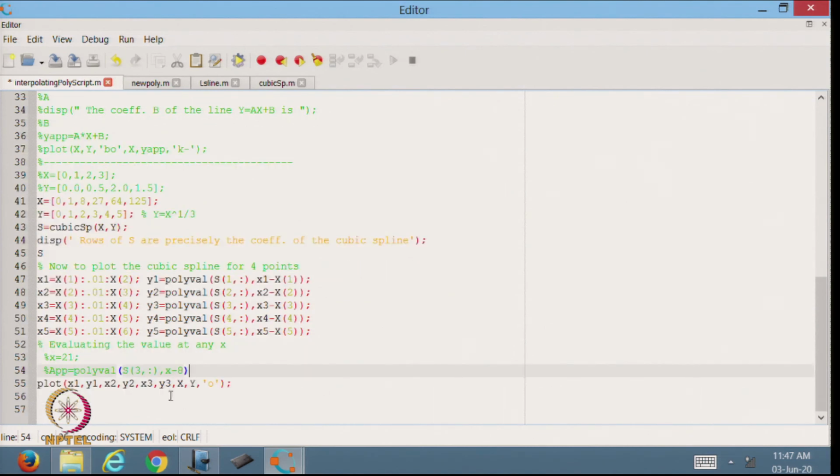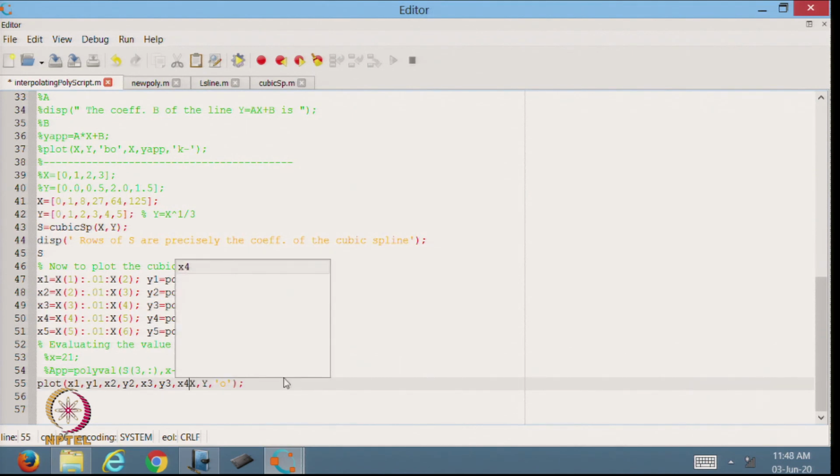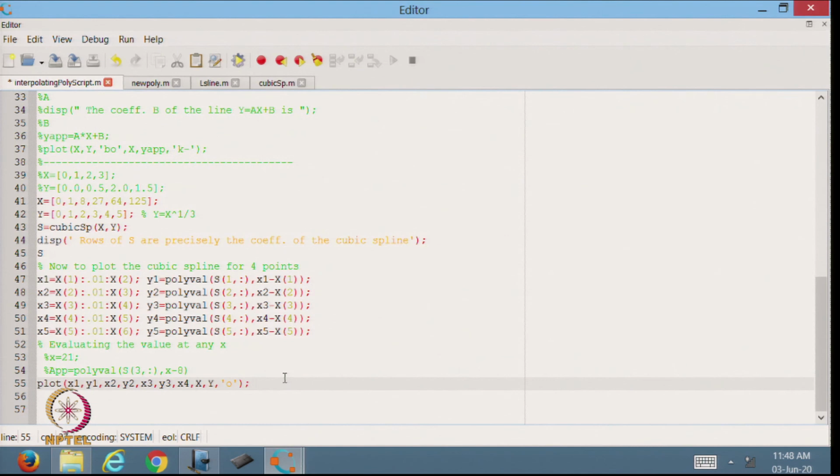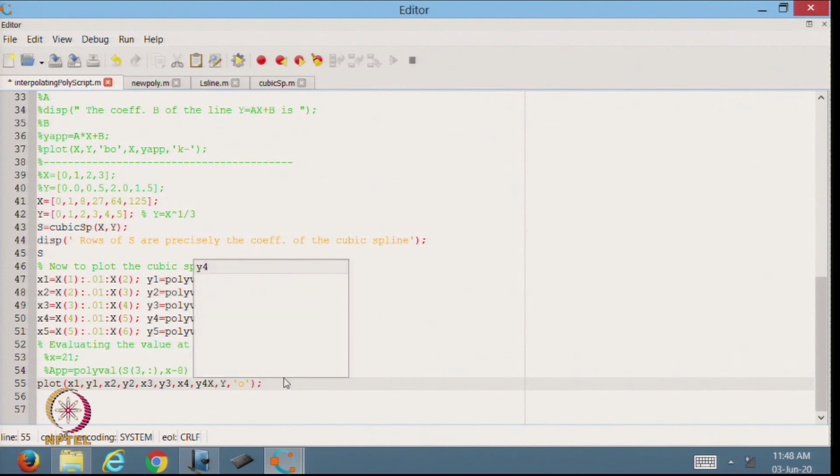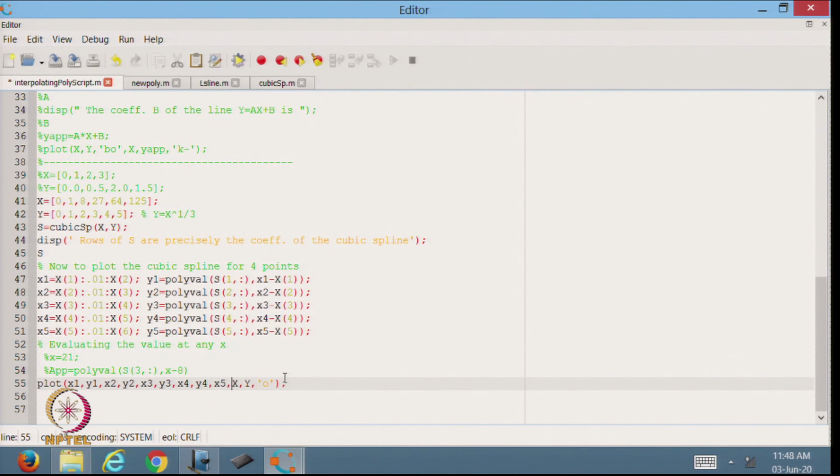And now based on this one I can plot this. So, here I can add x 4, y 4, x 5, y 5.